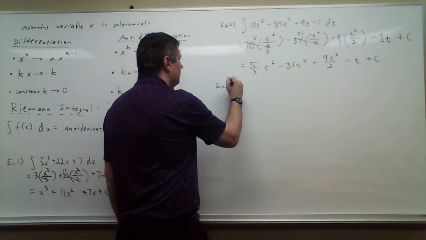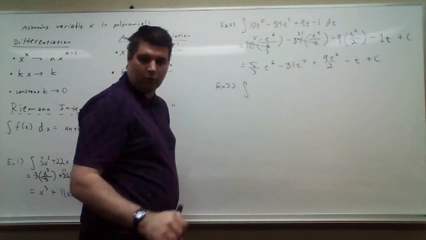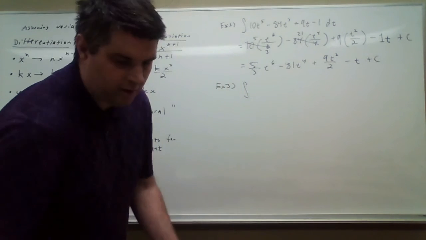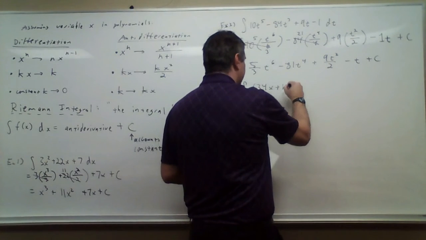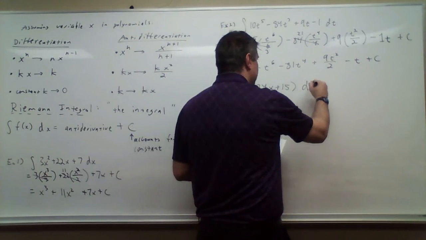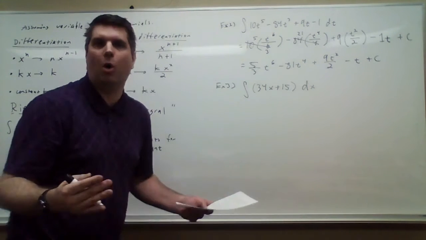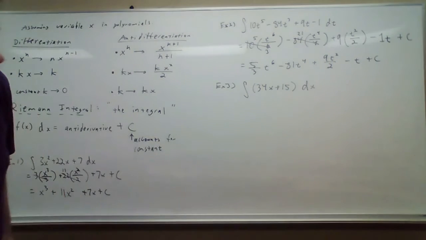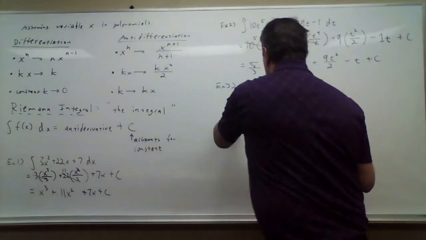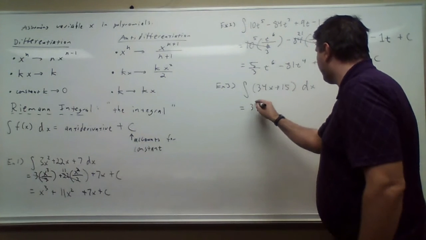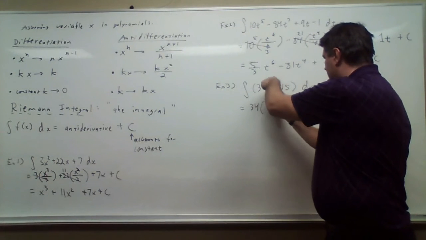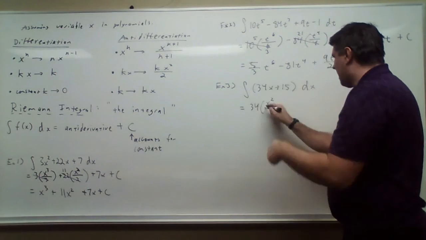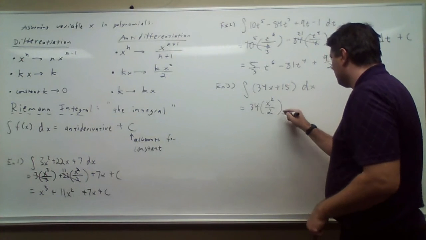Example 3. I want the integral of 34x plus 15 dx. Folks, the parentheses don't matter. It's the same idea. So we will have 34. We go up from x to the first to x squared, and the new power on top is your new power on bottom.